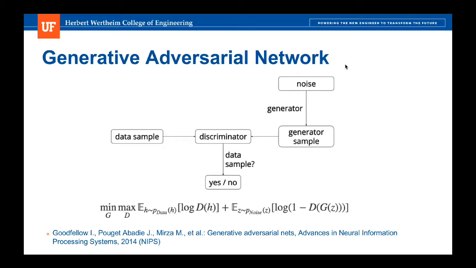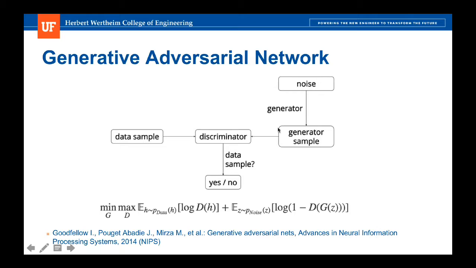The basic idea is that the discriminator will tell us whether this input is real or fake, and the generator will try its best to generate data as real as possible. Namely, it tries to fool the discriminator into thinking that the generated data is real data.